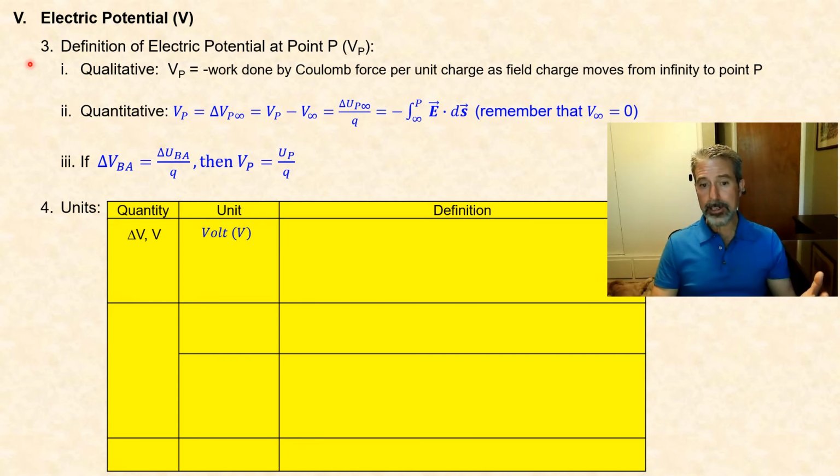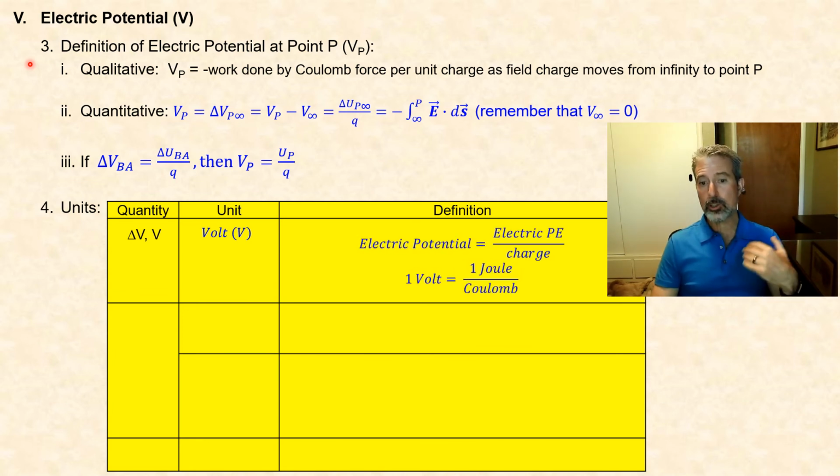And look, by definition, we said that electric potential difference is a measure of work or energy per charge. So our SI unit, or MKS unit, would be an energy unit divided by a charge unit. So we would have a volt being 1 joule per coulomb.